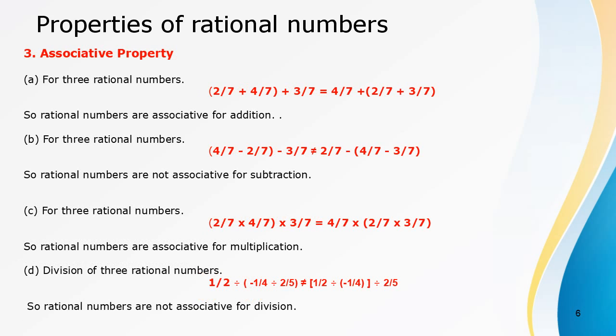So rational numbers are associative for addition, but it is not true for subtraction, while it is true for multiplication, and again it is not true for division. So we can say that rational numbers are associative for addition and multiplication, and they are not associative for subtraction and division.